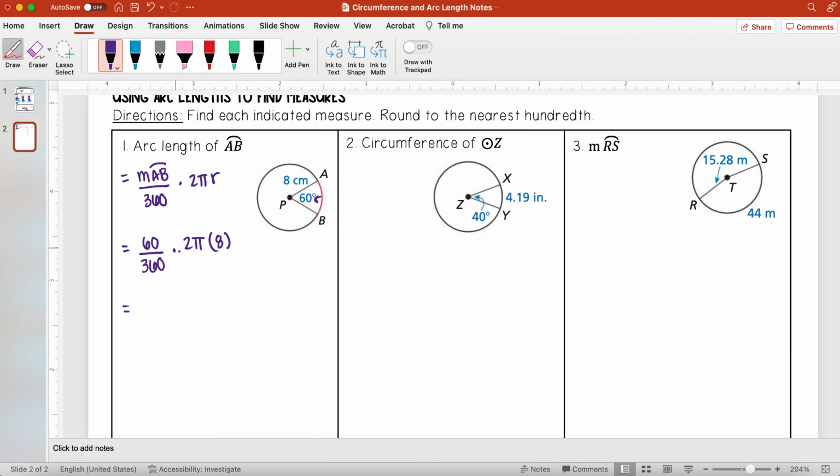I'm going to multiply everything on top. So I have 60 times 2, and I get 120. And then 120 times 8, I get 960 pi divided by 360.